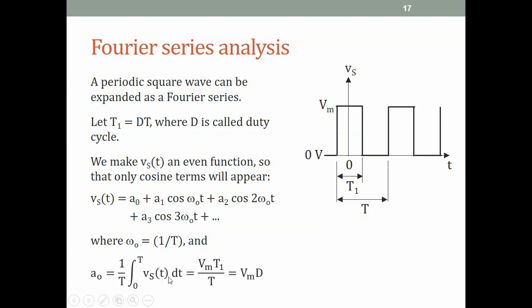If we integrate Vs over one time period, Vs is equal to Vm only over a time of capital T1, so the integral is Vm times T1, the area under this curve. Dividing by T, and calling D the duty cycle, equal to capital T1 by capital T, A0 is equal to Vm times D.